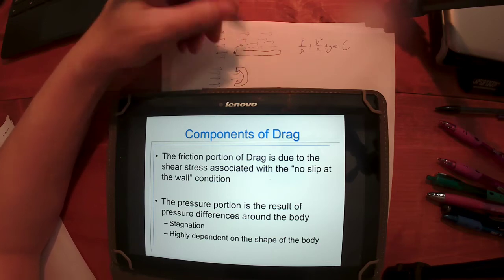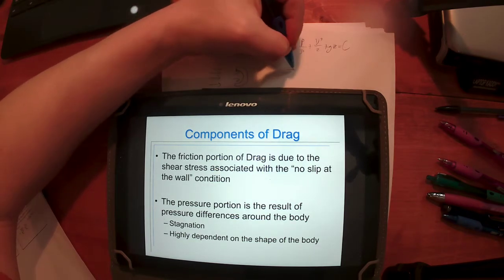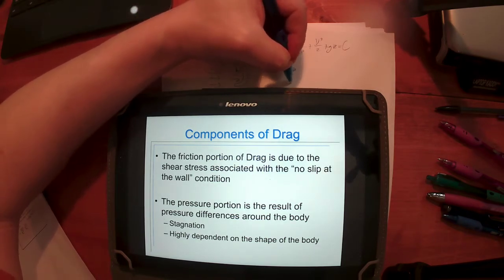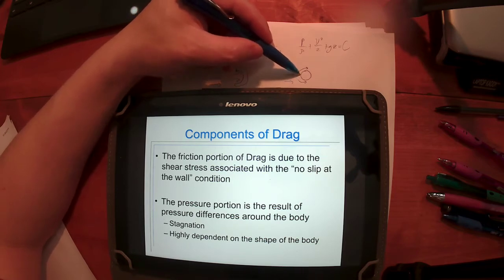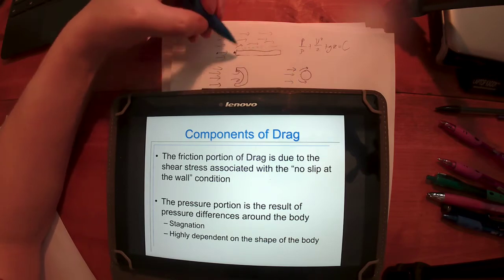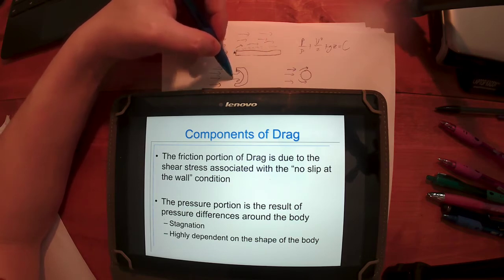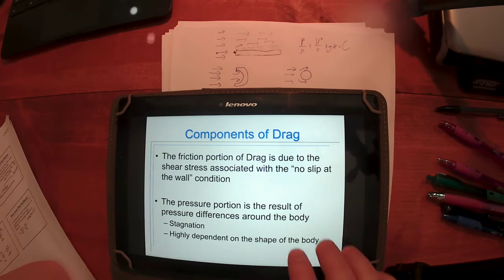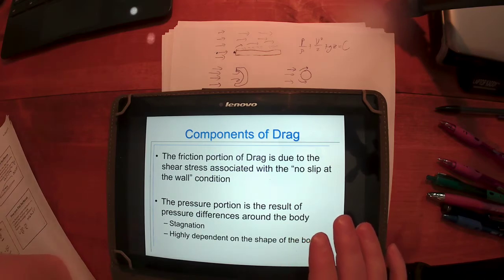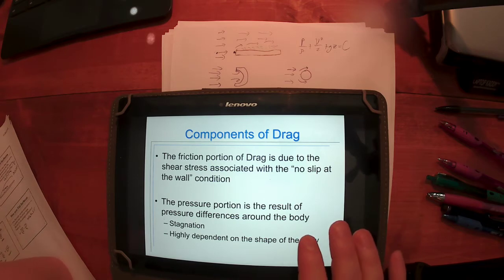We saw last time with the rod and the sign that if I've got a rounded surface, it's a lot easier for this fluid to just move around that. I have a much lower pressure point right here, as opposed to a flat surface, and definitely as opposed to, say, a concave surface. Okay, so it's dependent on the shape of the body. And the shape of the body is going to determine how high the drag coefficient is for the pressure portion, which determines how high the pressure component is for the entire drag force.